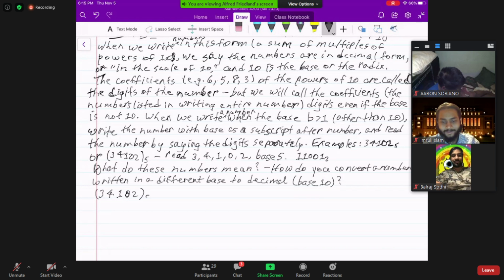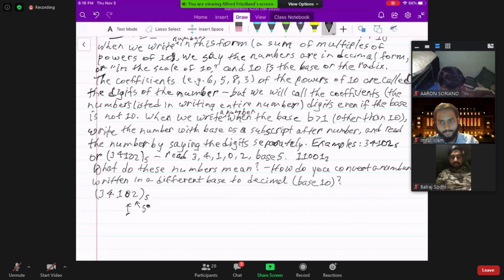So base 5. This is the number of 10 to the 0s. This is the number of 10 to the 1s. Not 10s, we're dealing with base 5. The idea is the same, but the 2 is the number of 5 to the 0s.